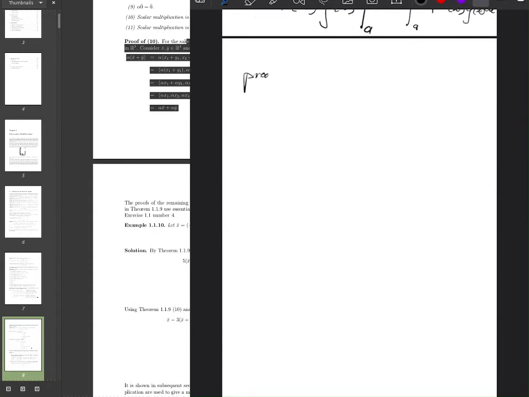Proof: for all x in our interval [a, b], if we look at the derivative of f times g at x, we just apply the product rule for derivatives.